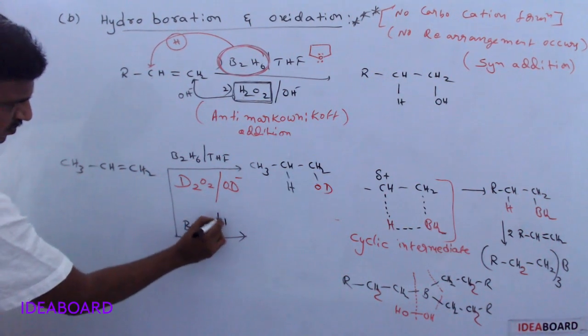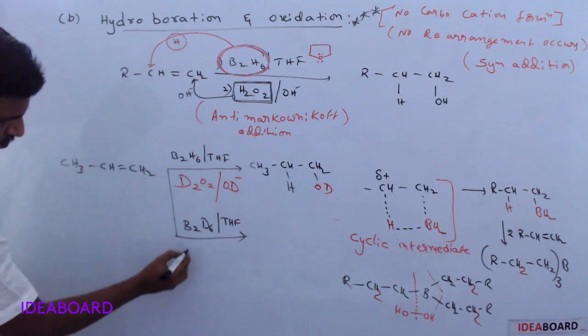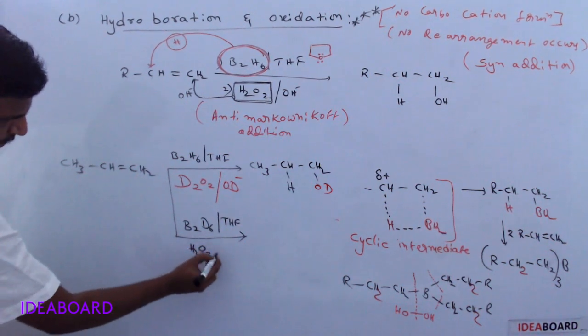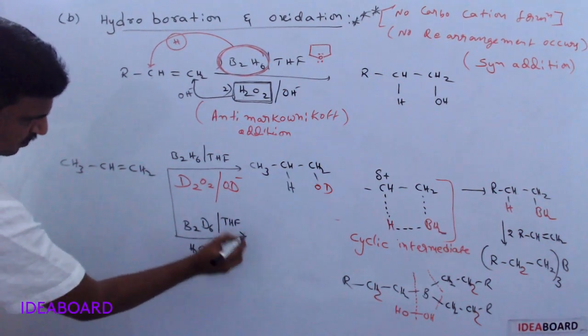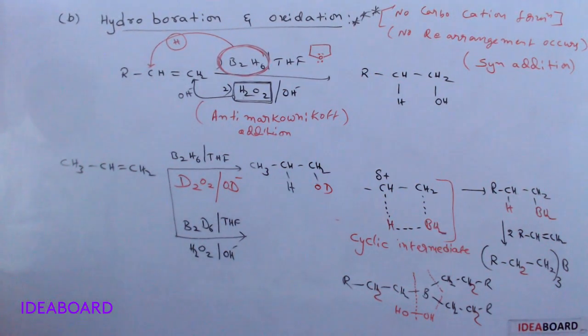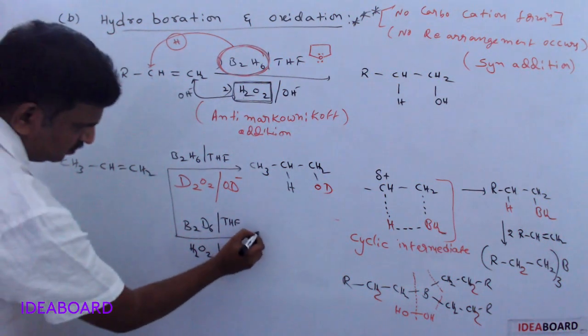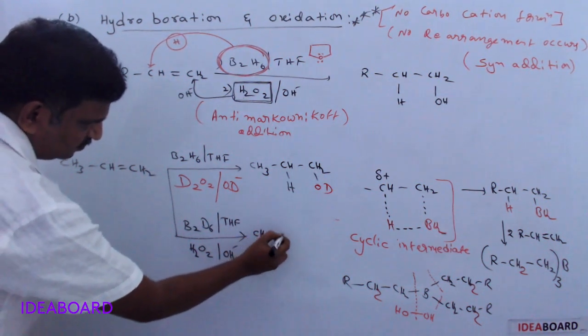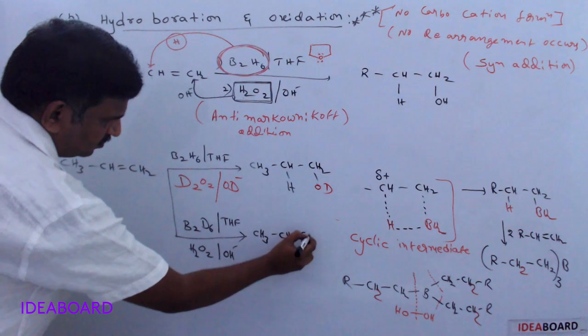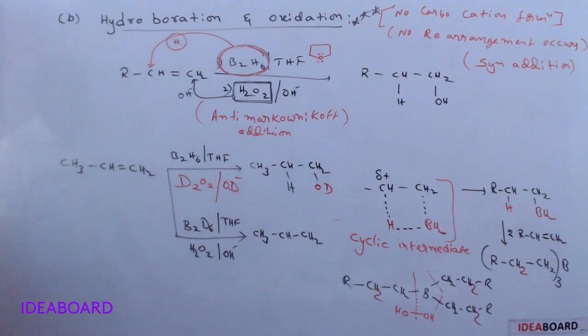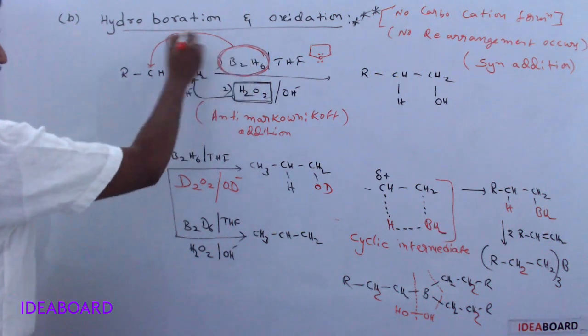Or suppose, for example, in the same reaction, they give B2D6 and THF, but here it is H2O2 and OH minus. Now tell me, what is the product? Here we will write the reactant CH, CH2. As I said, B2H6 gives hydrogen.